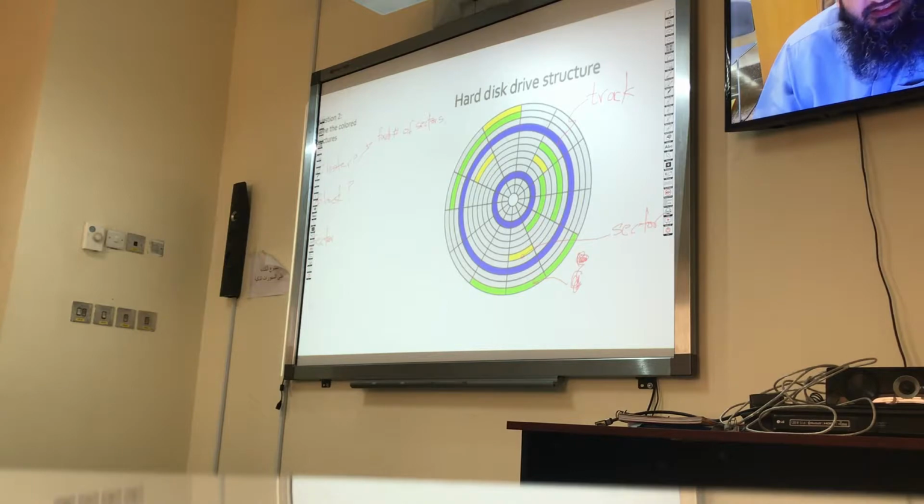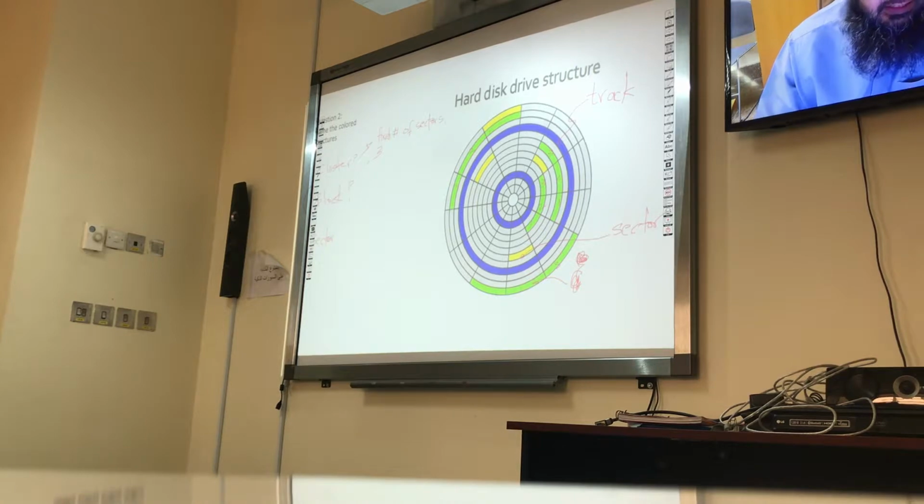Let's say in this example, my cluster size is 3, right? These 1, 2, 3 sectors make a cluster, and this 1, 2, 3 sectors make a cluster.